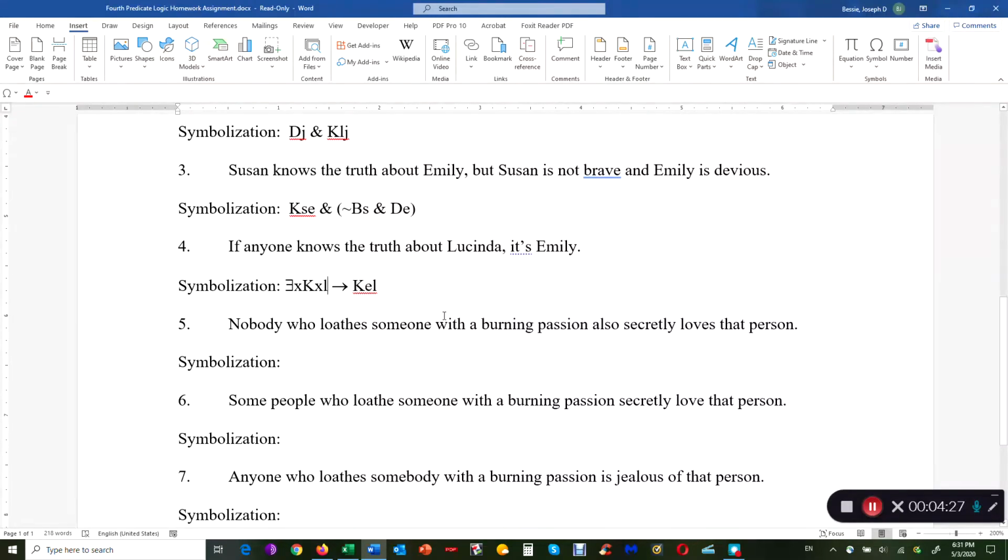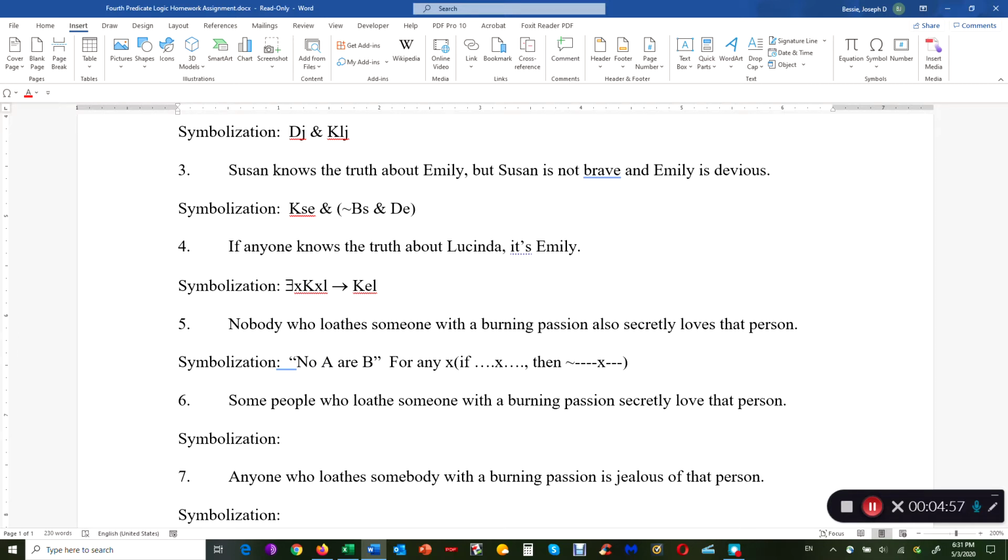Nobody who loathes someone with a burning passion also secretly loves that person. This actually has the form no A is B. Right. It's saying for any X, if blah blah blah about X, then not something something something about X. It's kind of saying something like that.